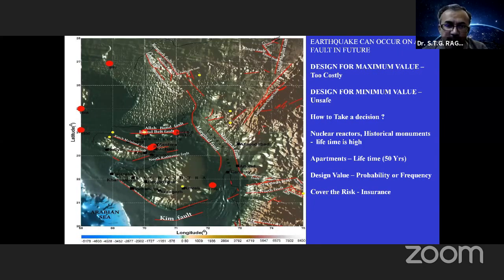You want the structure to be safe in the next 50 years, not in the past. So you ask me, what should be my design value? What Z value should be used for Ahmedabad? In the next 50 years, any earthquake can occur on any fault. This marginal fault can produce a magnitude 8, or magnitude 7, or anything; it is all a possibility in the next 50 years.